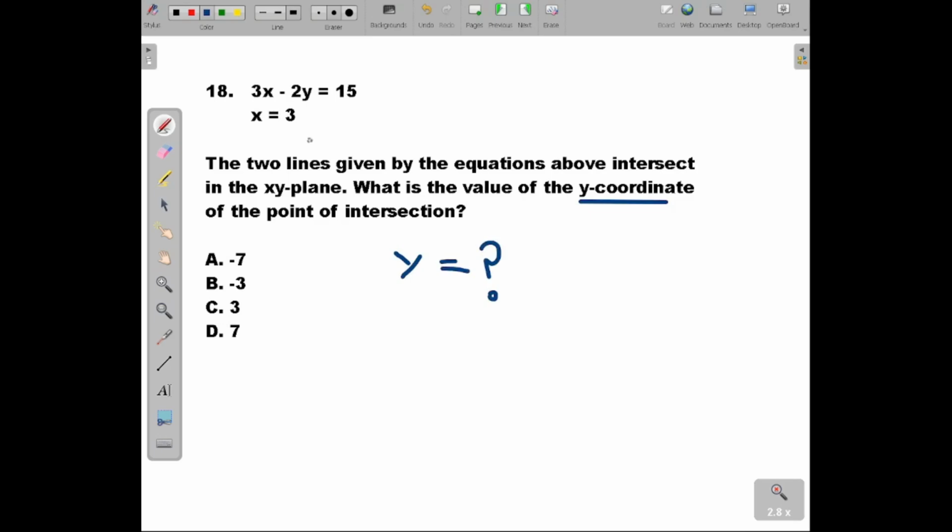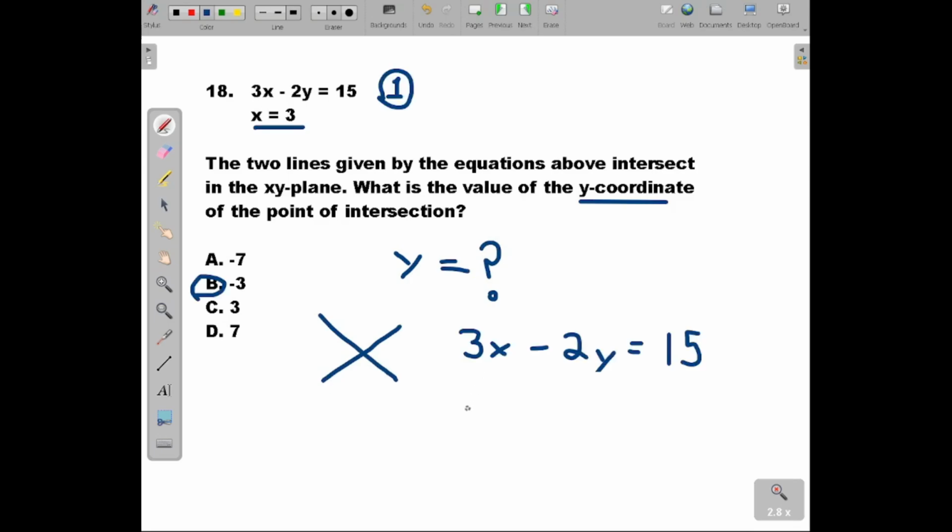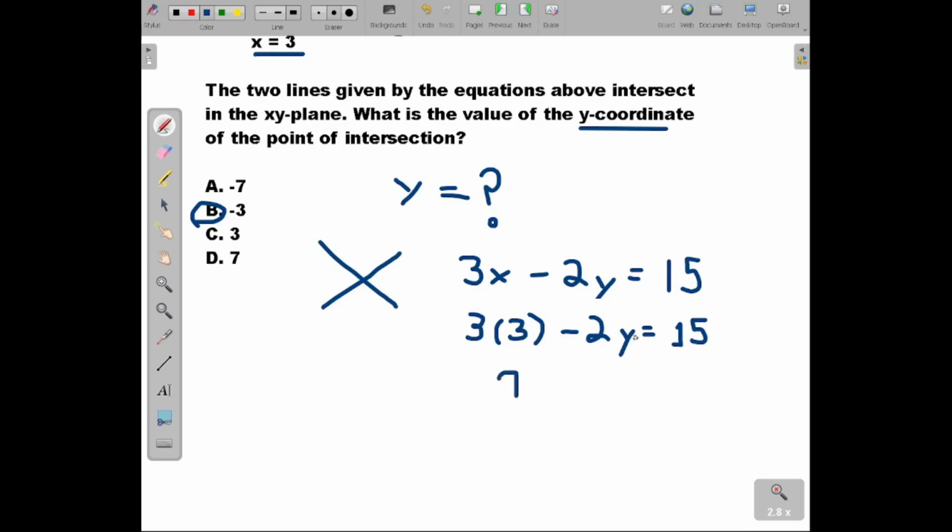And we know that these two lines intersect. We know that x is equal to 3, so 3 times 3 minus 2y is equal to 15. 3 times 3 is 9. Minus 2y is equal to 15.